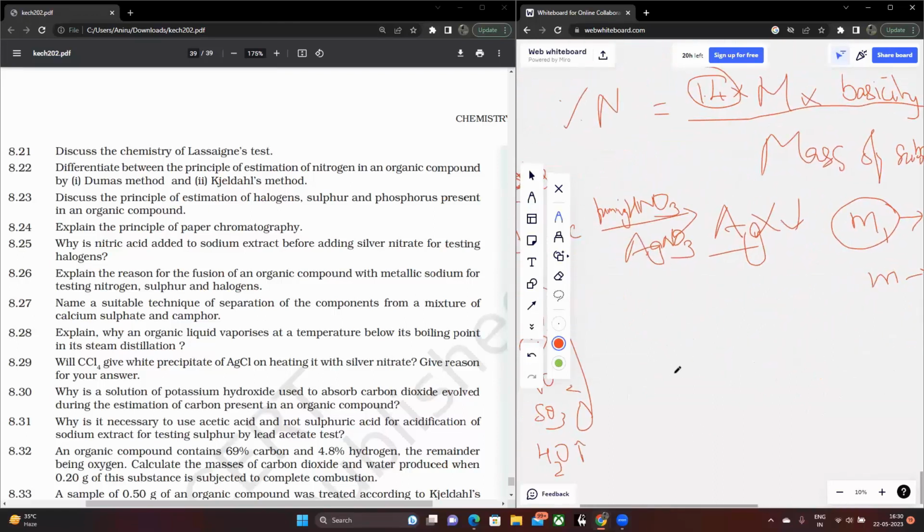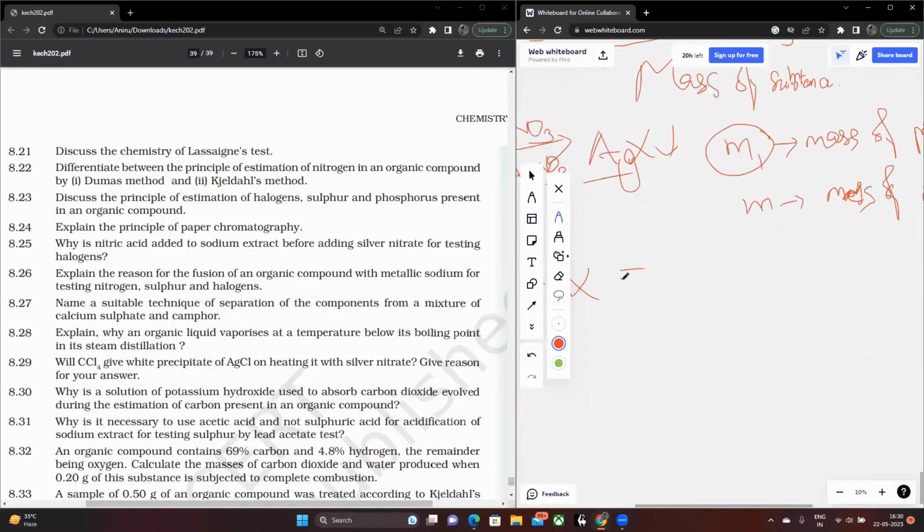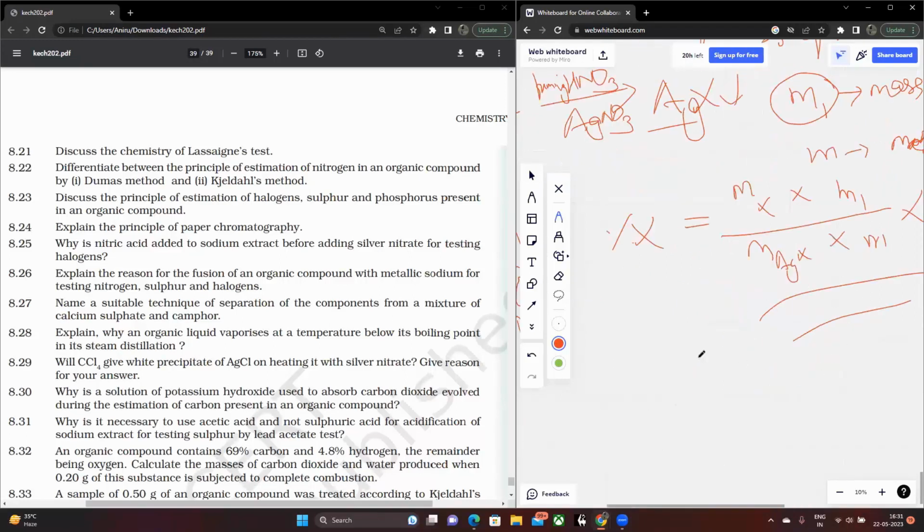So finally, in the Carius method, percentage X equals the atomic mass of the halogen X into M1, divided by the molecular mass of AgX into M. This whole thing into 100 gives you the percent.